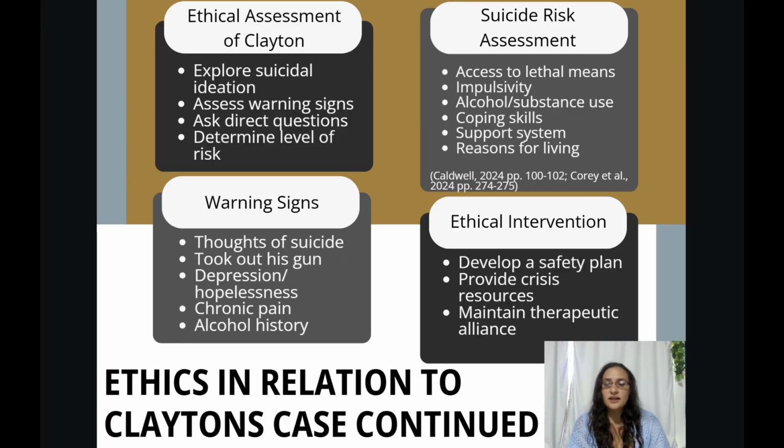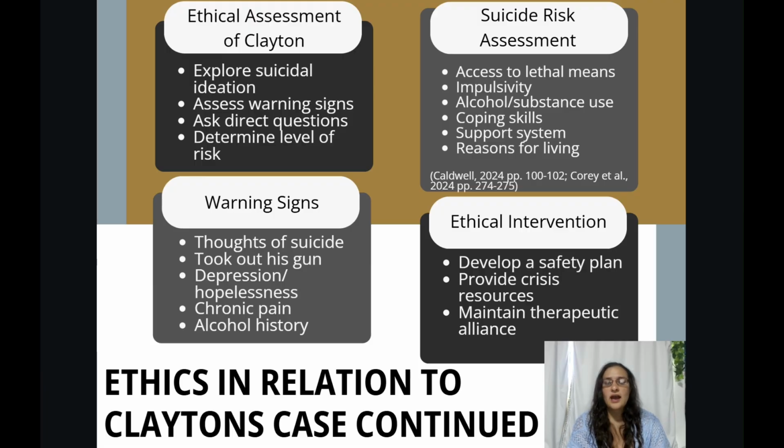Ethically, knowing these warning signs should be part of our training. The counselor needs to be able to manage asking direct or difficult questions to better understand whether Clayton wants to die or whether he wants relief from his pain. His therapist may be one of his only supporters. After trying to get as much information as you can from Clayton, the counselor should try to make a safety plan with Clayton.